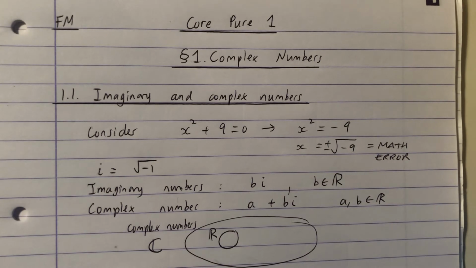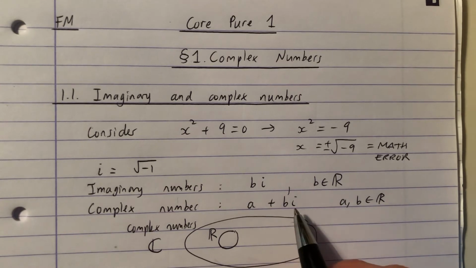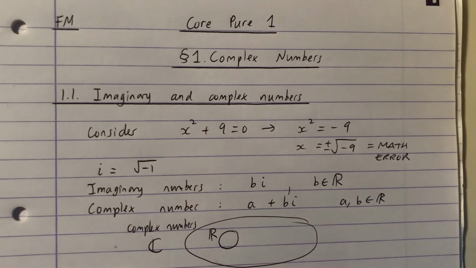Inside that little subset would be every number on a number line. So from 0, 1, 2, 3, all the whole numbers, all the fractions, all the decimals, all the surds, pi, e, everything would be inside that circle. Because if I wanted to write the number 3 as a complex number, it would be 3 plus 0i. So that's why the real numbers are a subset.